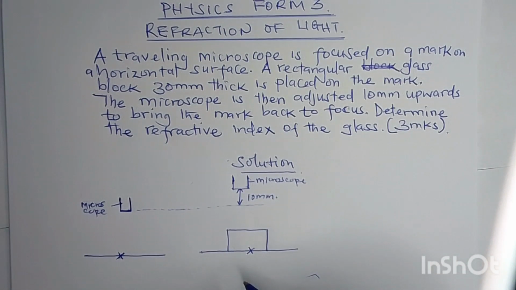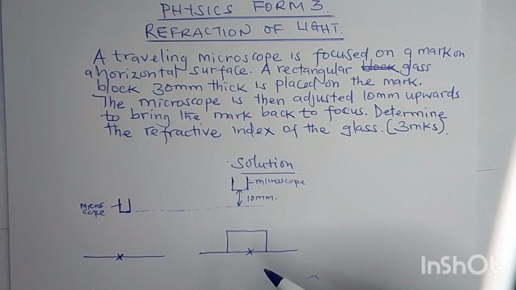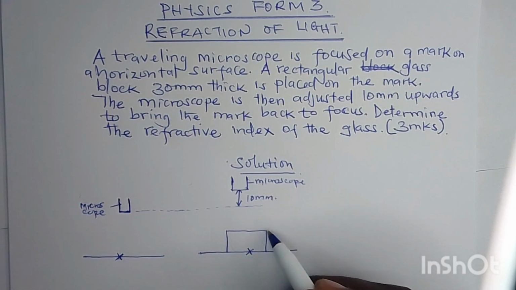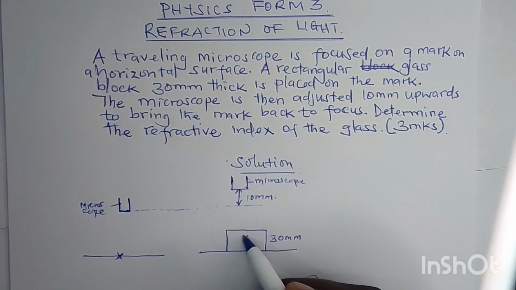What has made this microscope be lifted up through that distance is that the image of this mark was not brought into focus. By bringing this glass, which has a thickness of 30 millimeters, the block gave this mark what is called vertical displacement. So the microscope was just focusing the image of this after it was given some vertical displacement.